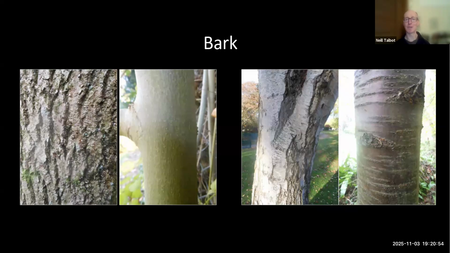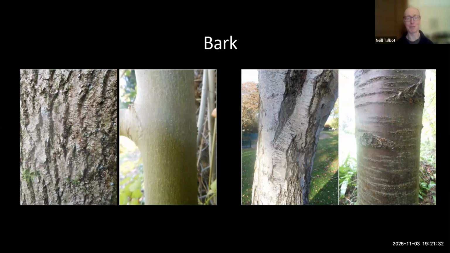And you will find that with quite a lot of tree species, so you need to be aware that they will look different as they get older. But certain species are more distinctive throughout their lives. The one on the far right is a wild cherry, and that's got very distinctive shiny bark with these rings around them, called lenticels, which are the breathing pores of the tree.